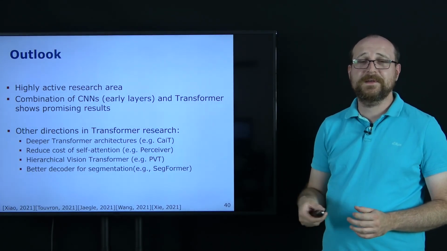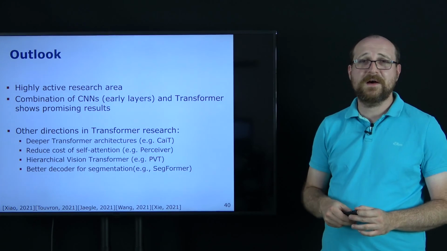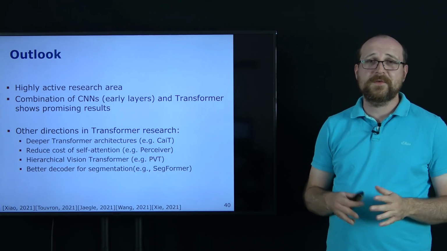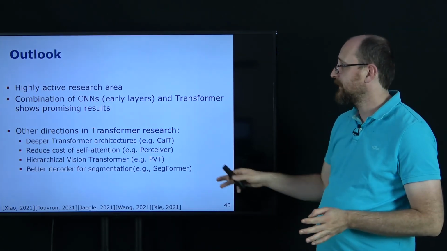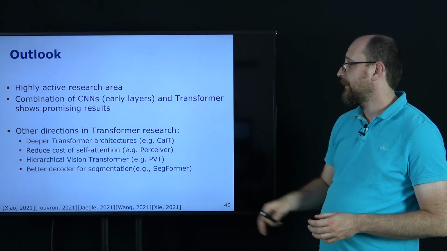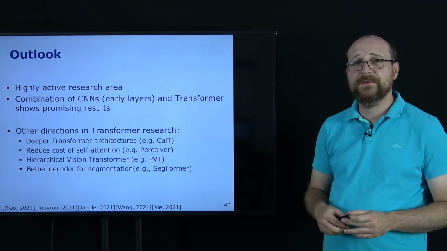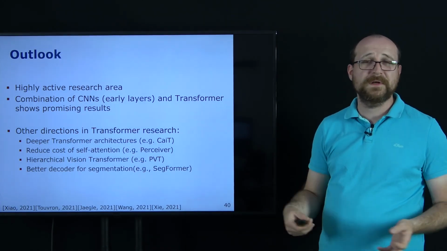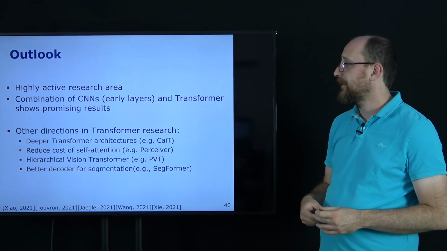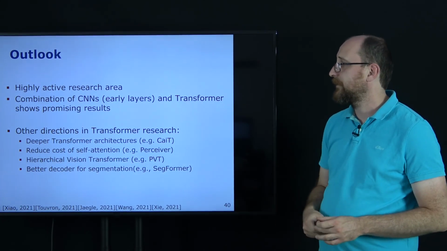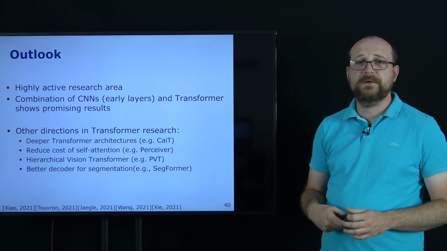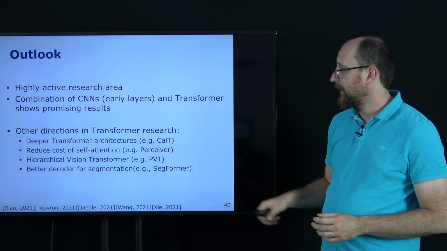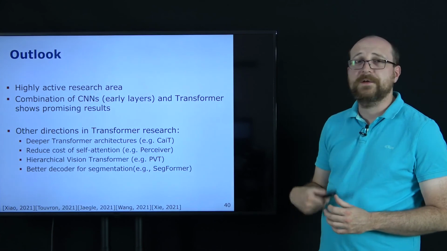Currently, in the architectures that we discussed, the input dimensions, or the number of tokens, stays always the same. But there are also works on pyramidal vision transformers, for instance, that investigate how to get some hierarchical structure very similar to the structure that we have in CNNs, and of course then also having maybe better decoders that get rid of convolutions in the end, like in the SegFormer paper, where there are some developments.